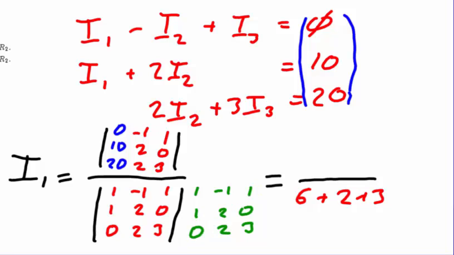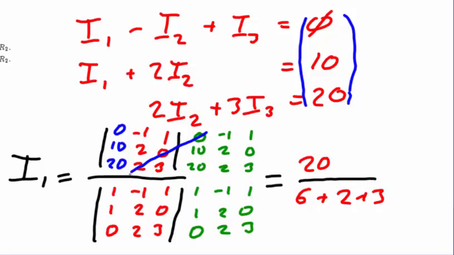We solve for the numerator in exactly the same way by writing the ghost determinant, following the three positive diagonals. The first positive diagonal gives no contribution because of the 0. The second positive diagonal also gives no contribution because of the 0. And the third positive diagonal has 1 times 10 times 2, which gives a contribution of 20. We complete the analysis by multiplying our way down the negative diagonals.